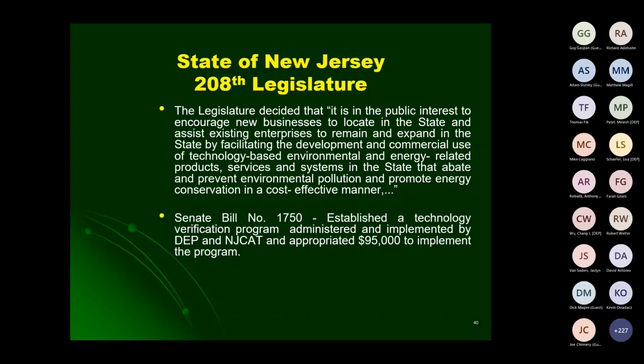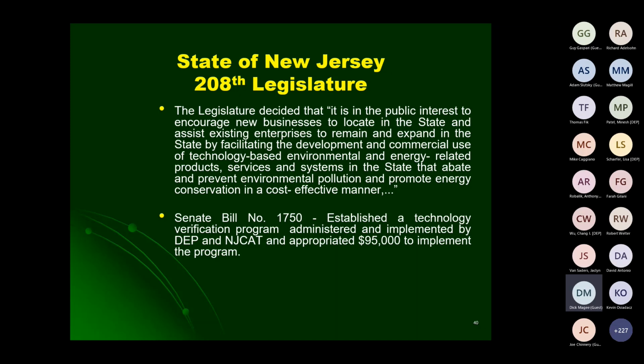Okay, a little history. The DEP NJCAT initiative really began back in the late 1990s, when discussions between former Commissioner Robert Shinn, Governor Jim Florio, and Stevens Institute of Technology President Hal Raveché identified the need to support the development and promotion of innovative energy and environmental technologies, or what we call IEETs.